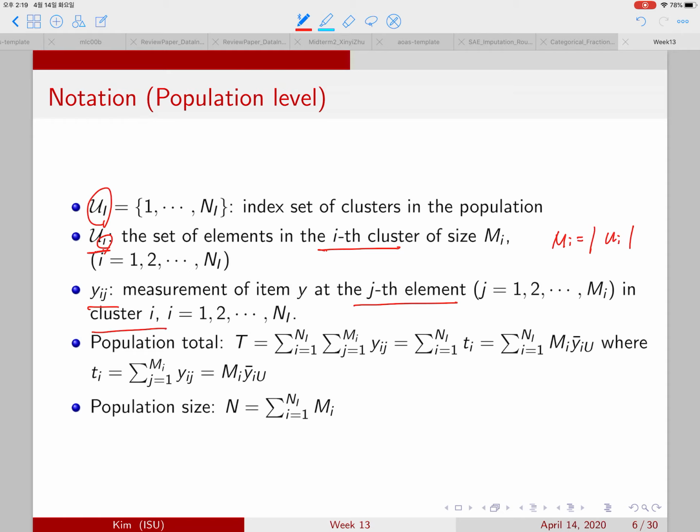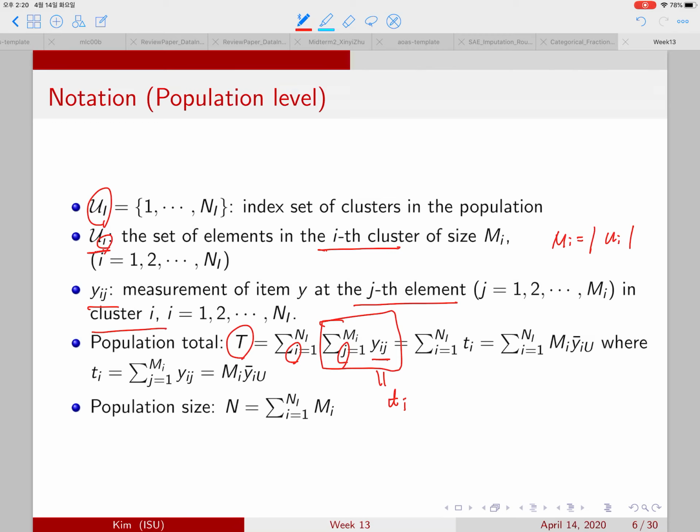So we have two levels: j is the element level, and i is the cluster level. The total is a double summation, over i and over j, so all the clusters and all the elements in the cluster, of y_ij. And this inner sum we can call t_i, the cluster total for cluster i.